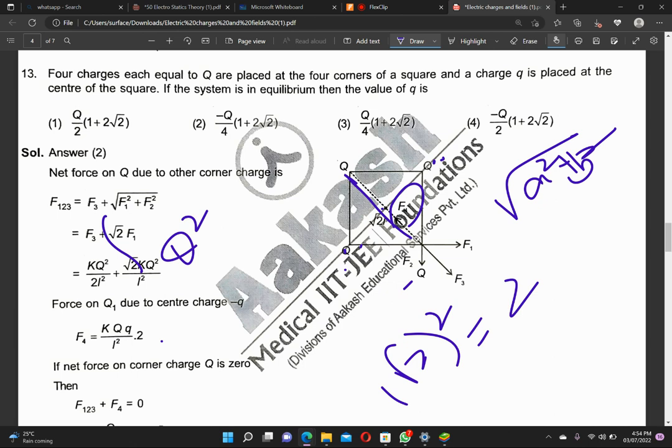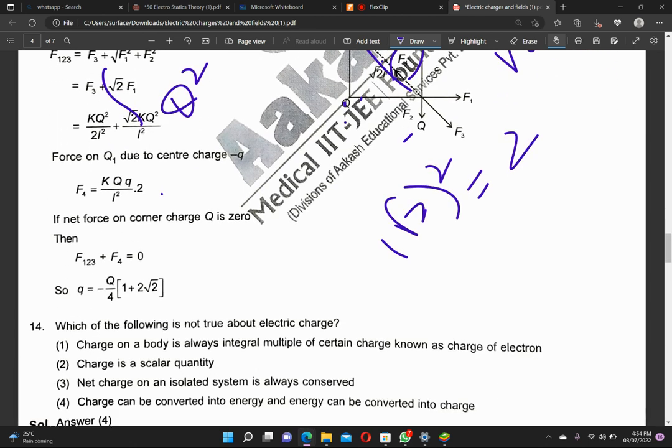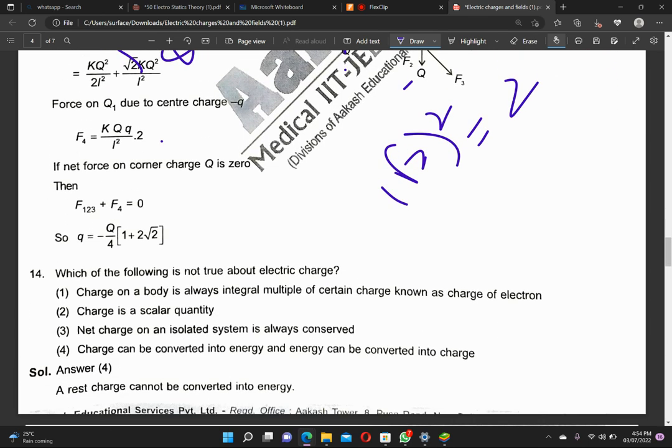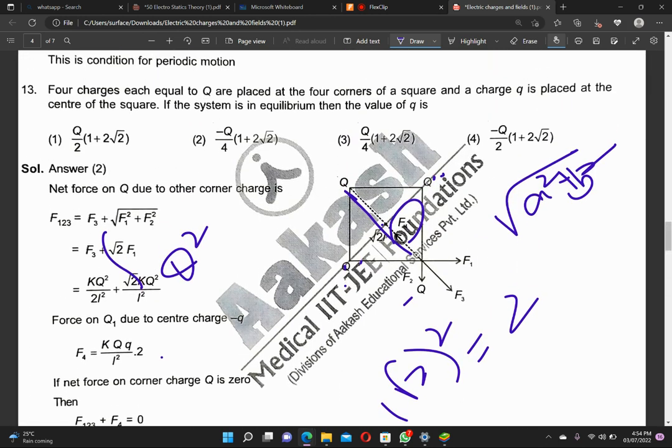If net force on the corner charge q is 0, then F1, F2, F3 plus F4 equals 0, and you get the answer as -q by 4, which is option 2.